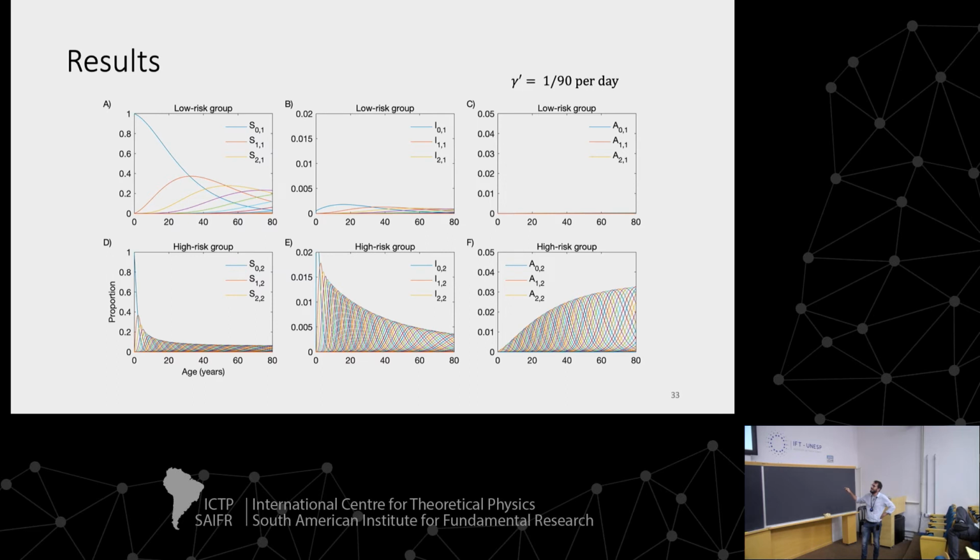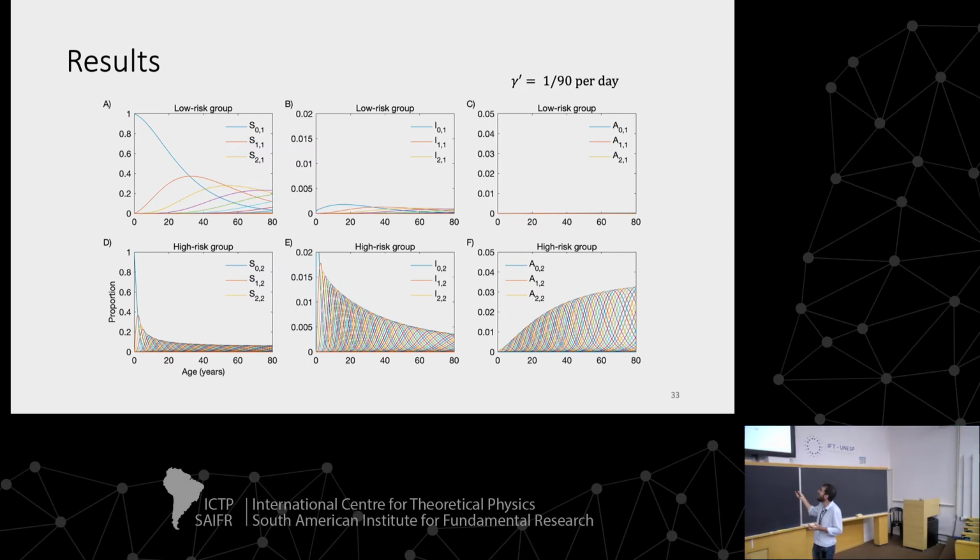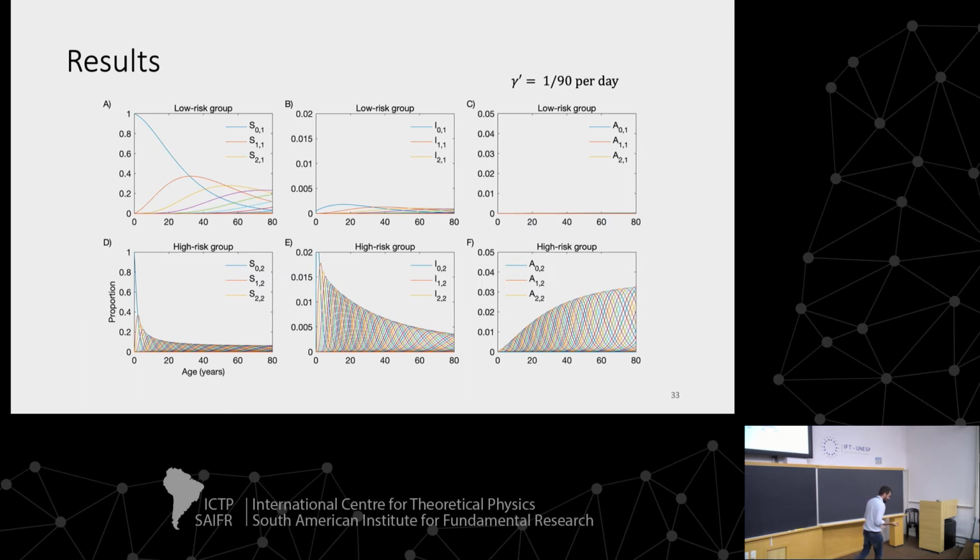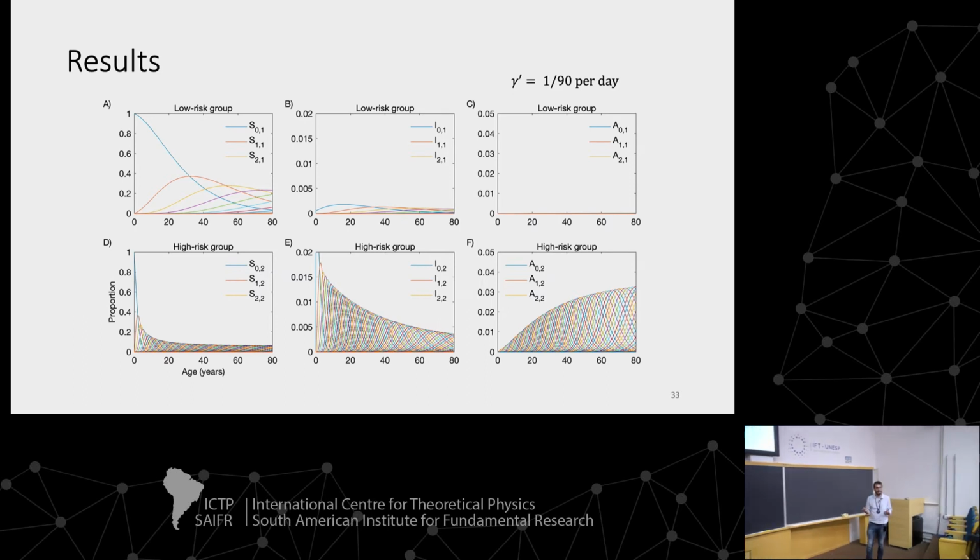The asymptomatic compartment of the low-risk group is almost zero. Nobody is becoming asymptomatic if you are low risk. But the high-risk group is becoming asymptomatic due to the partial immunity that they are acquiring.